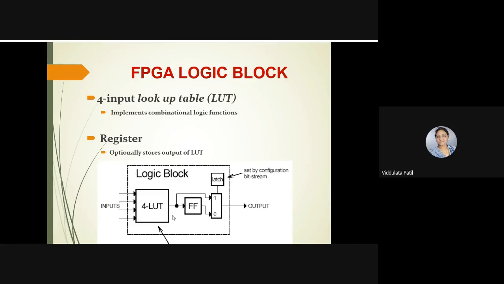Now this will require certain clock signals, and set and reset signals will also be required. So this is the logic block which is present in an FPGA.